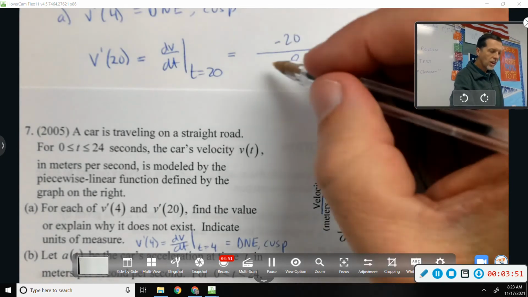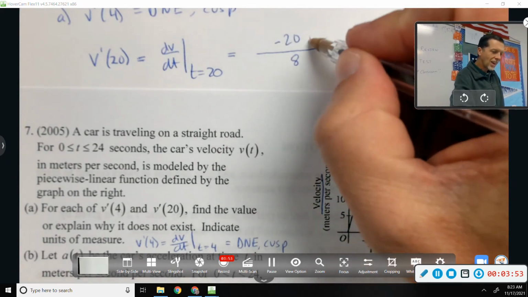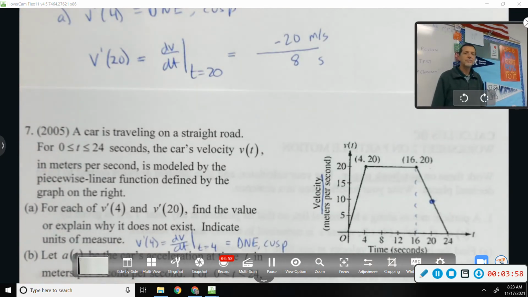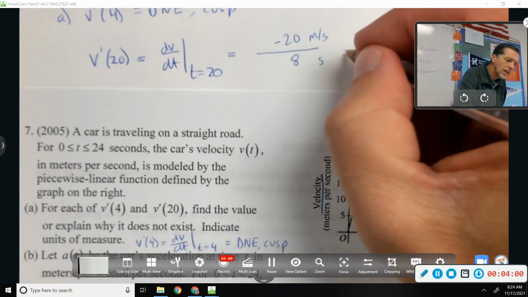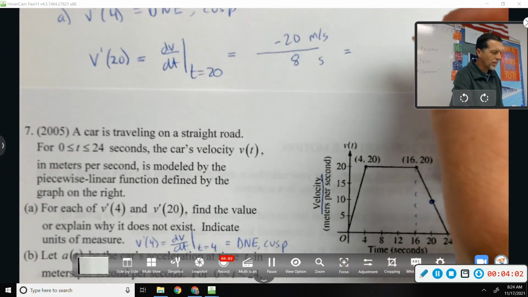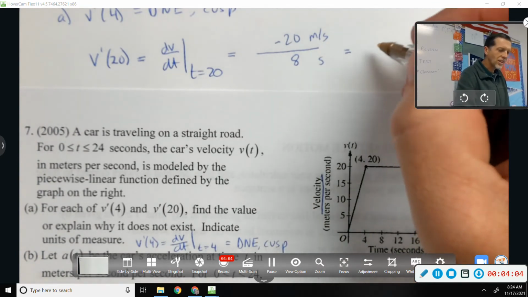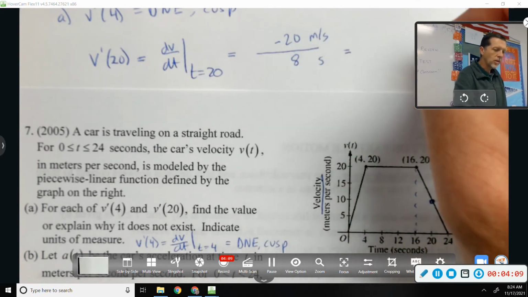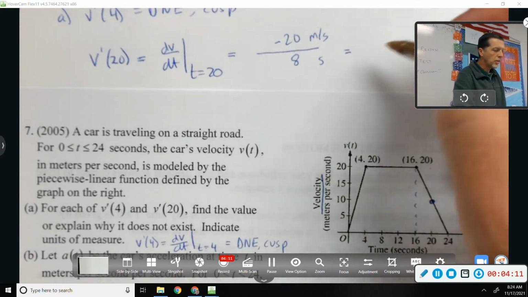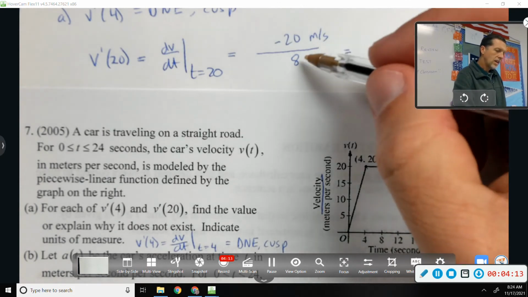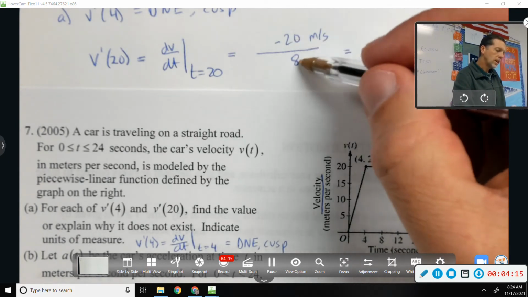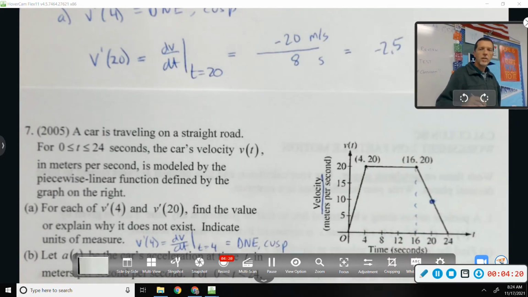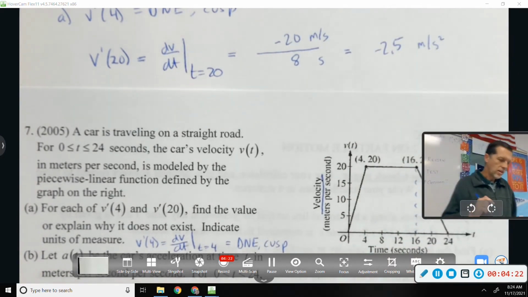Or you could just leave it like that. The way it says indicate units of measure sort of indicates that it would like you to do meters per second squared. But 20 over 8 would be fine. See, if we divided it all by 4, we'd get negative 5 halves, negative 2.5 meters per second squared.